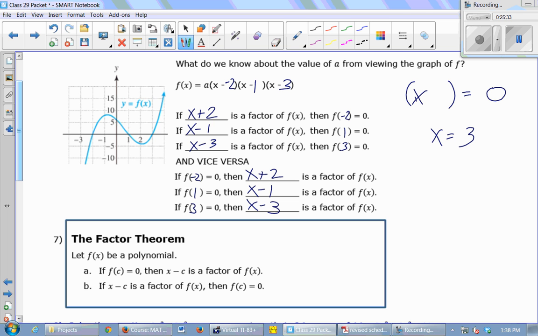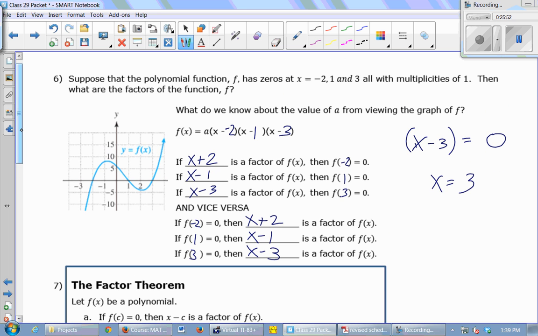X minus 3. So if you know this means that 3 is a 0, right? Which means that x minus 3 had to have been a factor. Because they told me that 3 is a 0. They told me positive 3 is a 0. So if I plug 3 in, I should get 0 out. Okay.